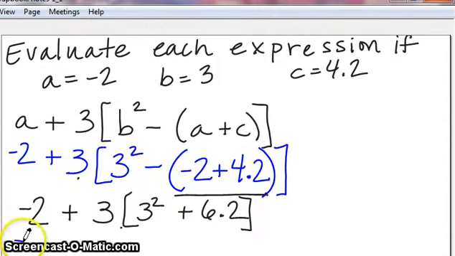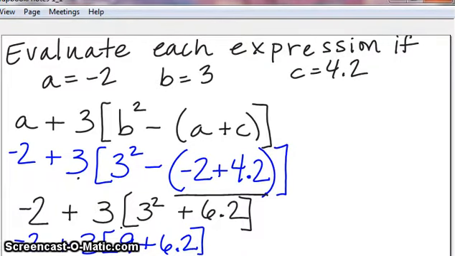So I have negative 2 plus 3 times, and we usually say the quantity of what we're going to get when we do 3 squared. We need to do 3 squared, which is 3 times 3. Anytime I square something, I'm multiplying it by itself. So I have 9 plus 6.2. And then I have the grouping symbols I need to take care of again.